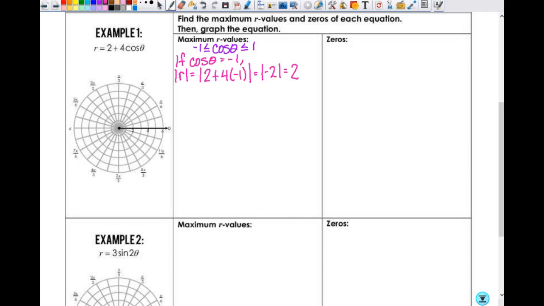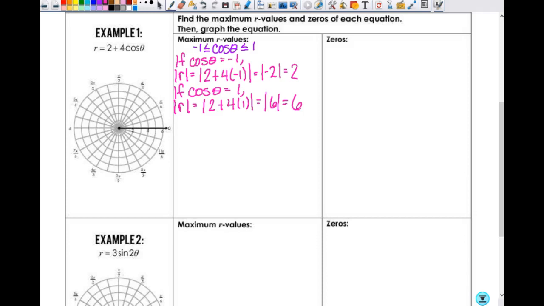Okay, everybody good with that? Then I have to say, all right, well, if cosine theta is equal to 1, then the absolute value of R is equal to the absolute value of 2 plus 4 times 1, well, 4 times 1 is 4 plus 2. It's the absolute value of 6, which is 6. So of those two numbers, which one is the bigger one? 6. So 6 is my maximum R value, right?